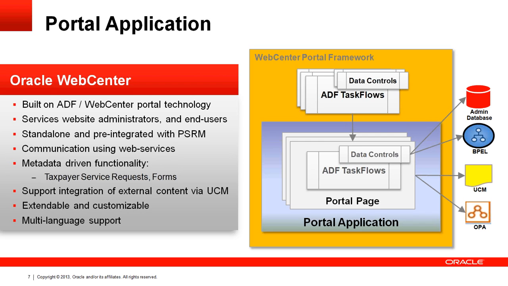Portal pages can include links to UCM. That's where we can include content in the portal itself, and we'll include links to Oracle Policy Automation to display, for example, online interviews, and we'll talk about it a bit later.